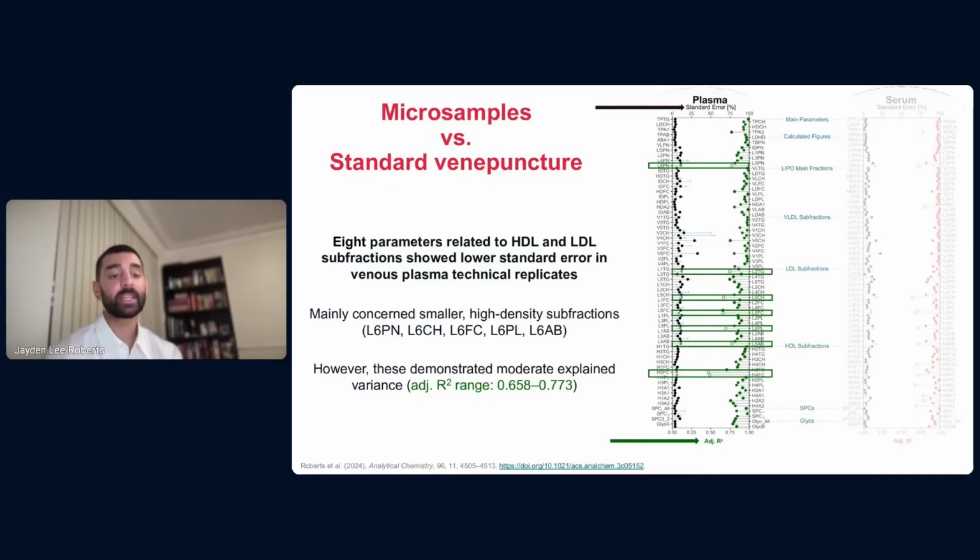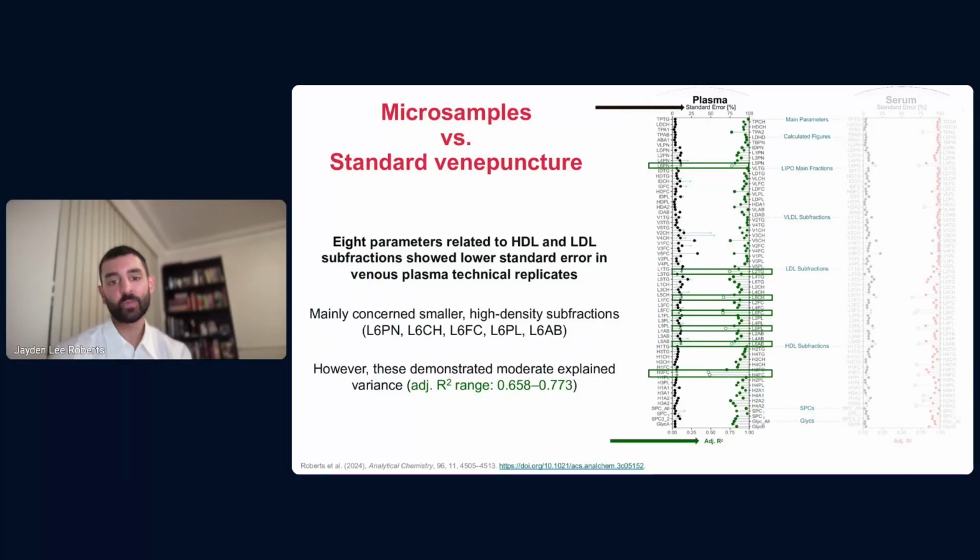Despite this, these measurements still demonstrated moderate explained variance, with an adjusted R-squared range from 0.658 to 0.773, suggesting that measurement of these subfractions in capillary microsamples is still a biologically valid alternative to traditional venous phlebotomy for this purpose.